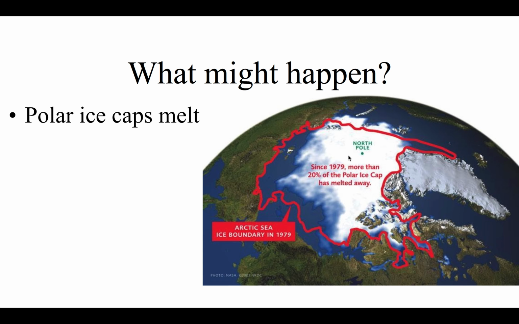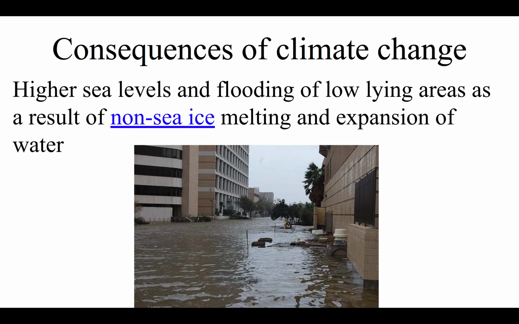So if all this ice melts, that decreases the albedo of planet Earth, and that is not a good thing. If those ice caps melt, we also get higher sea levels, and that means flooding in coastal cities, which, you might note, we actually live in.